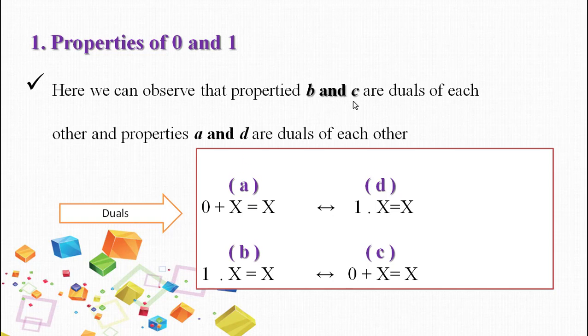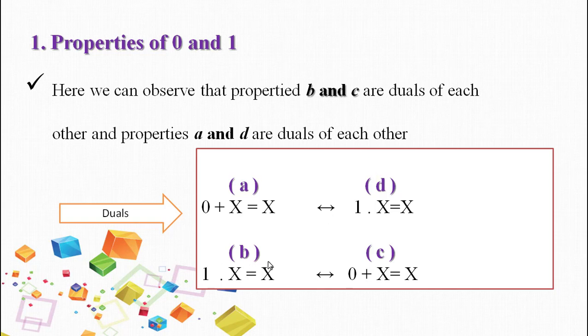Next is B and C. The B expression is 1 multiplied by x is equal to x. The dual of B is: 1 replaced becomes 0, AND replaced becomes OR, and x will be as it is, equal to x as it is again. So that is their dual of each other.